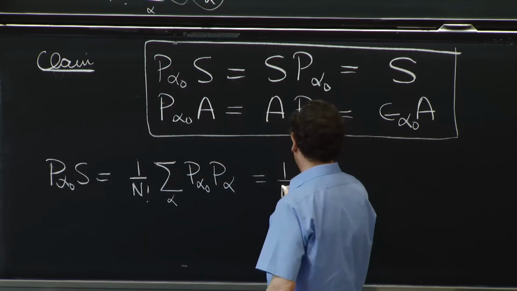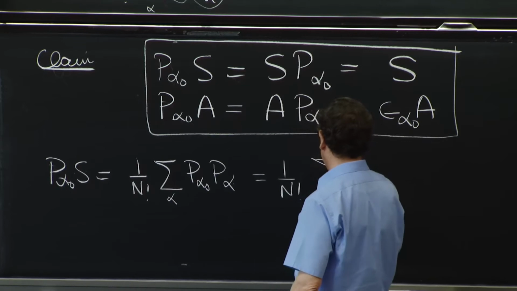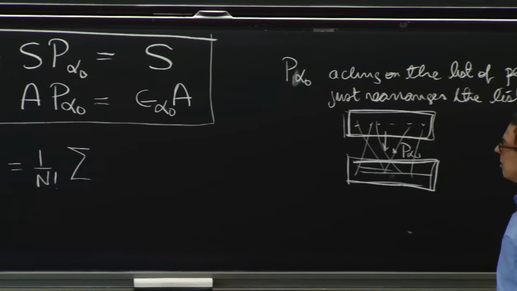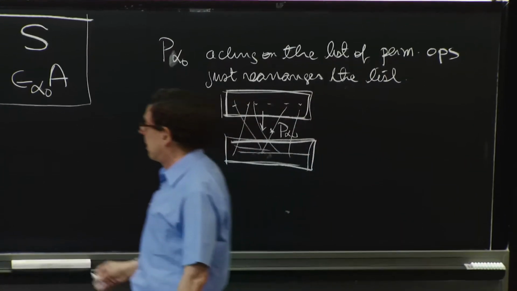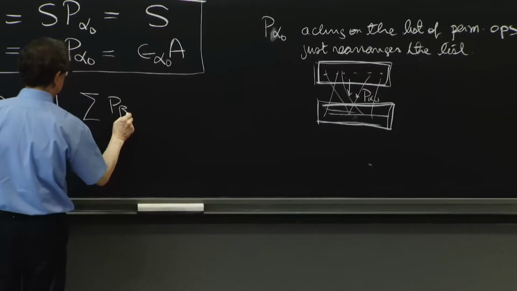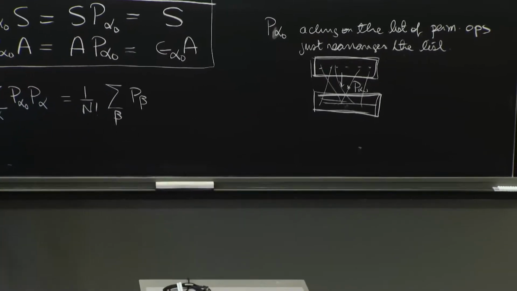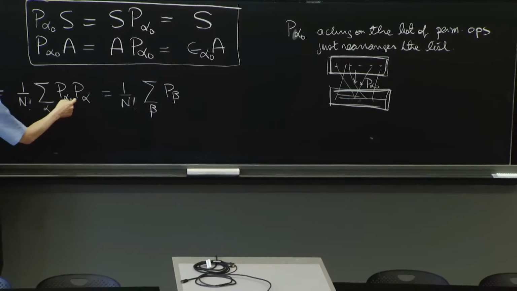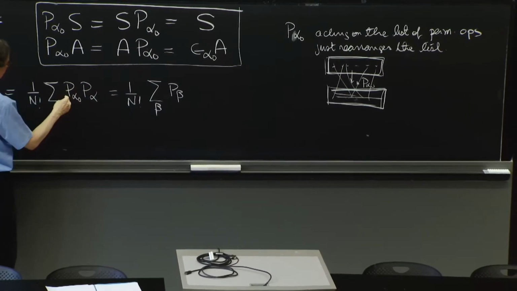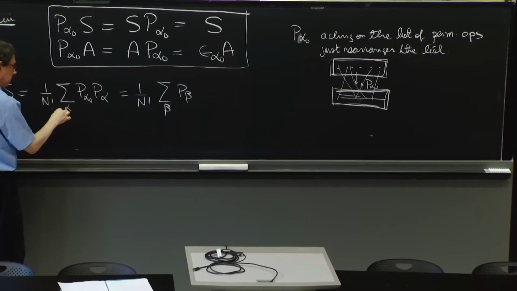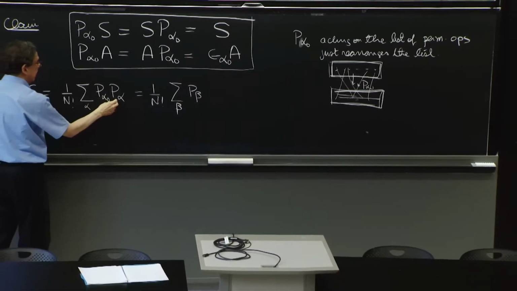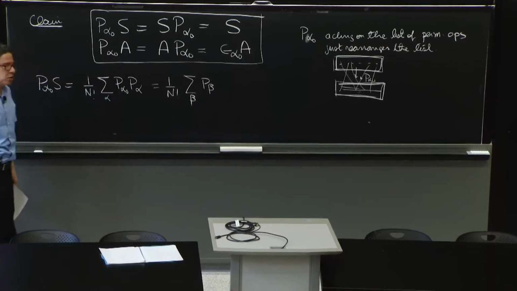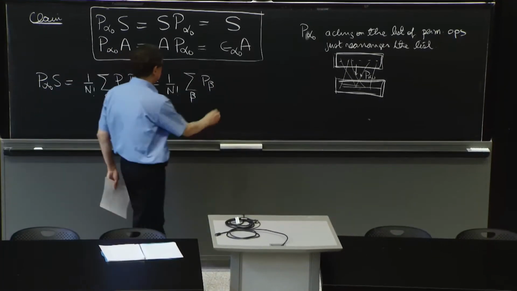We say, look, by this claim that P alpha 0 rearranges all the operators, this is just another sum, P beta, of all the operators. This P alpha 0 times P alpha is another operator, but at the end of the job, when you sum over alpha, you get just the list rearranged. So here it is, the list rearranged. So this is back to S.